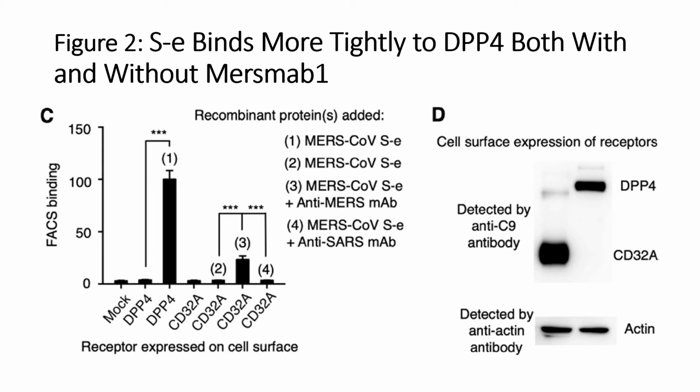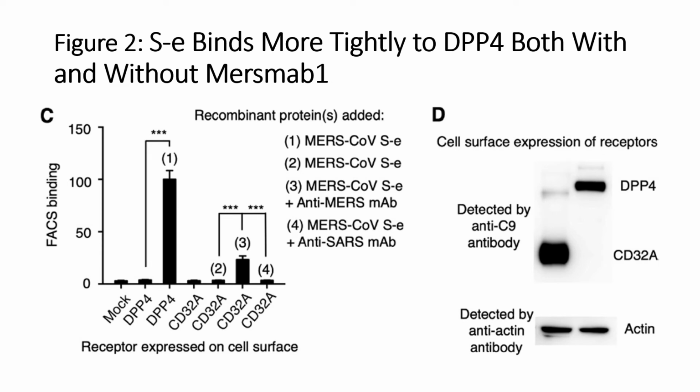And CD32A, it's an Fc receptor. So DPP4 and CD32A, both receptors, are expressed on the surface of the human HEK293T cells.